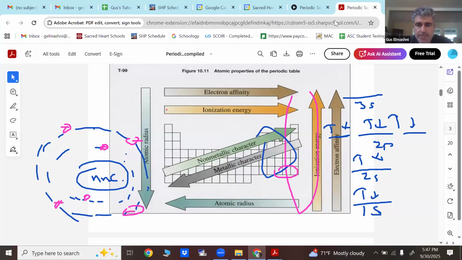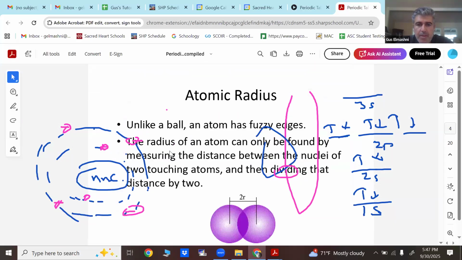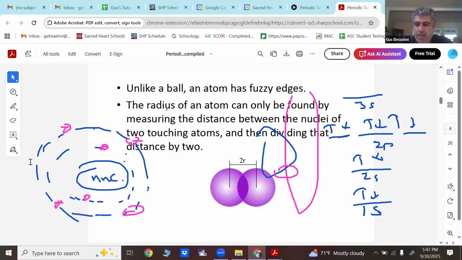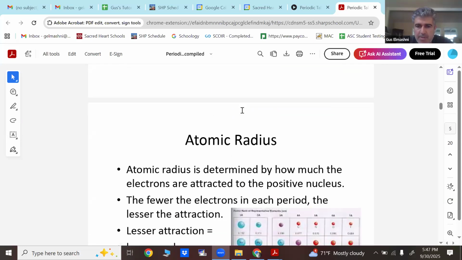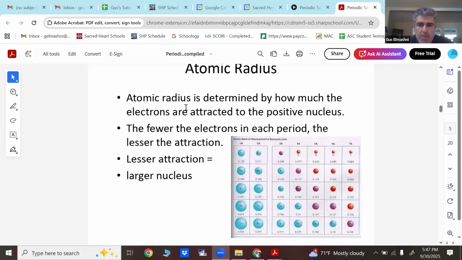So those are the trends. Now if we look at these notes, it explains the radius, which is just like a circle. It's determined by how much the electrons are attracted to the positive nucleus. We talked about that: the fewer electrons in each period, the lesser the attraction.